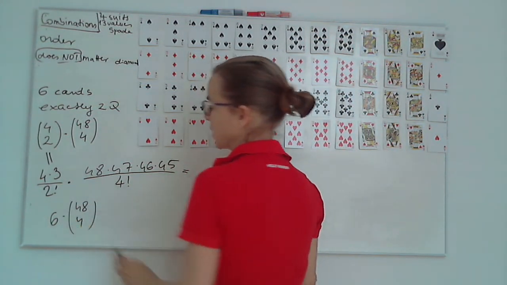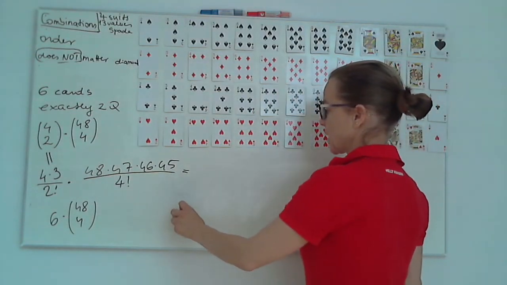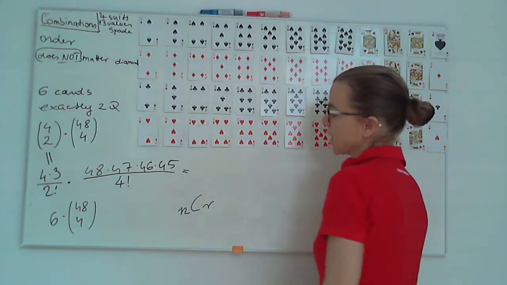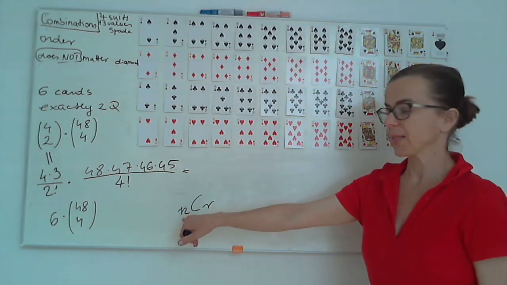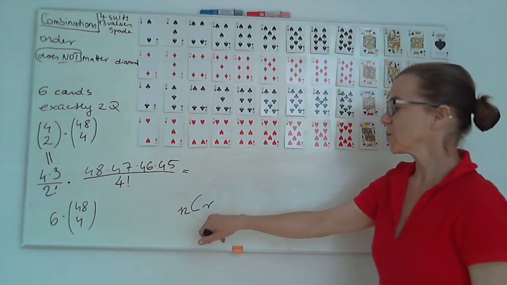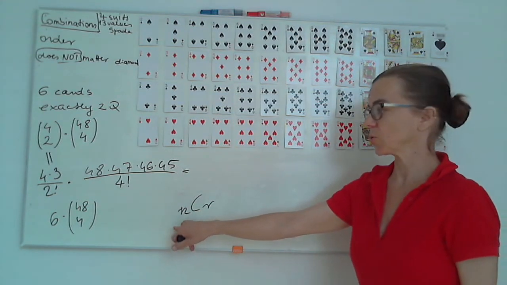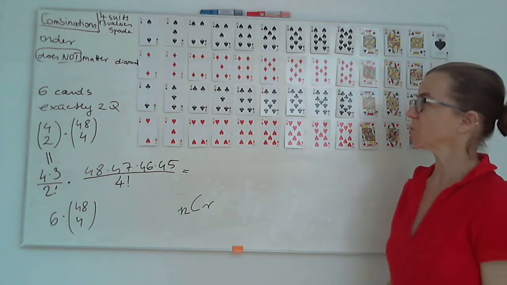On your calculator, you are going to have a button which says n choose r instead of k. And this means exactly what it says. This helps you to calculate the n choose r value. So you just find this button, and this helps you to automatically calculate how much is 48 choose 4.